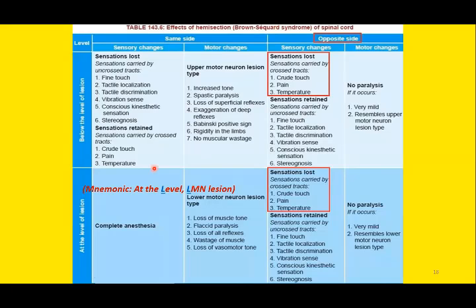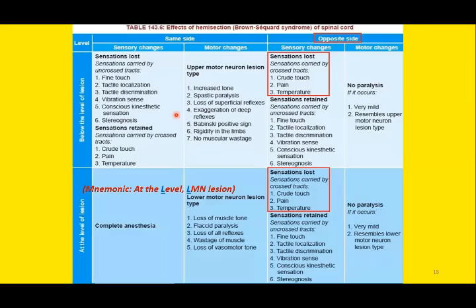And some of the signs are more prominent at the level of the lesion, whether ipsilateral or contralateral. Similarly, some of the signs are more prominent below the level of lesion, whether ipsilateral or contralateral.